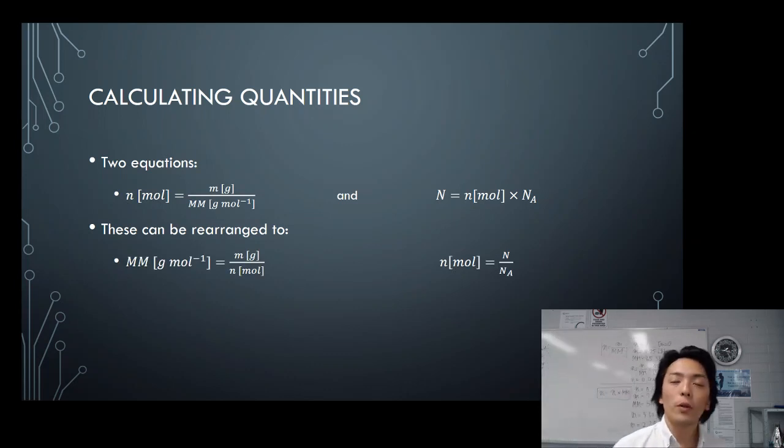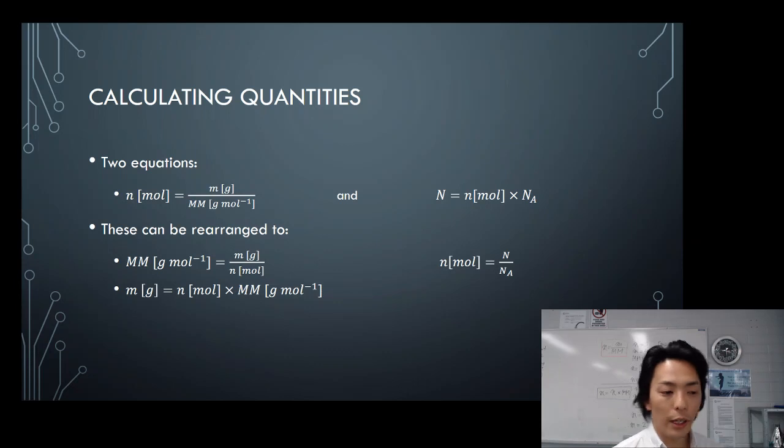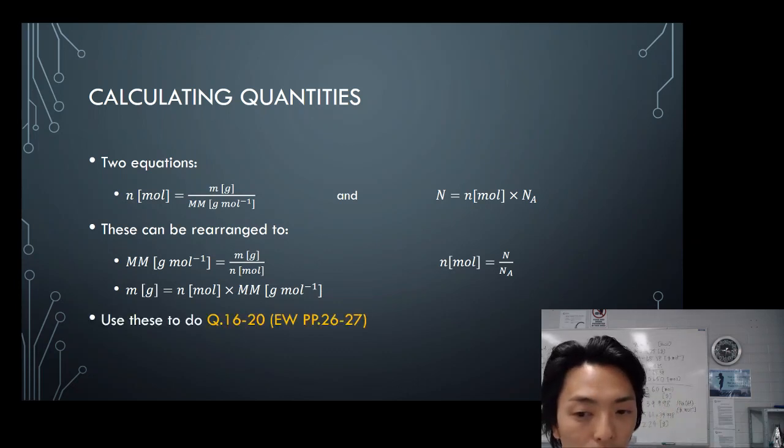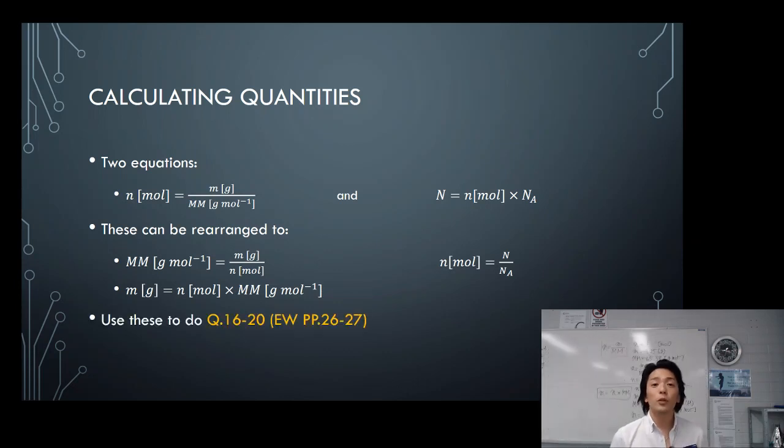If you want to know how they can be rearranged, these are the rearranged versions as well. And we'll do questions 16 to 20 in the Essentials workbook. And that is it. Make sure you write down these formulas and the rearranged versions of them, and make sure you practice using them in class. All right, I'll see you then.